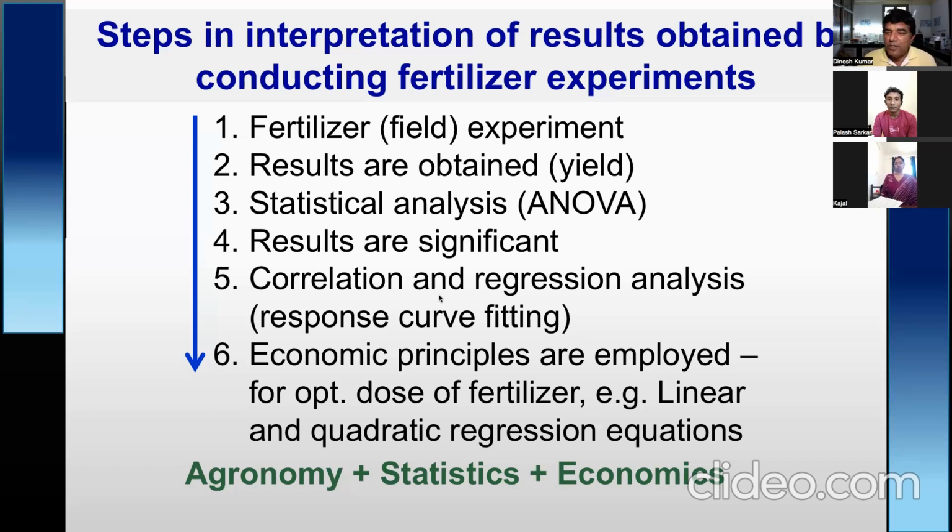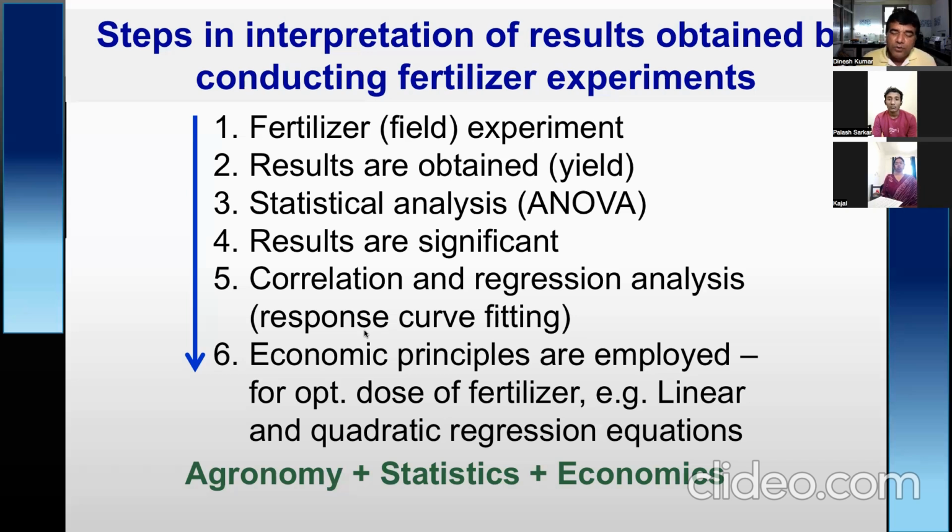With the help of correlation and regression analysis, we can fit the response curve. And this response curve, the relationship of input and output, or of fertilizer and yield, can be used to determine the optimum dose of fertilizer.